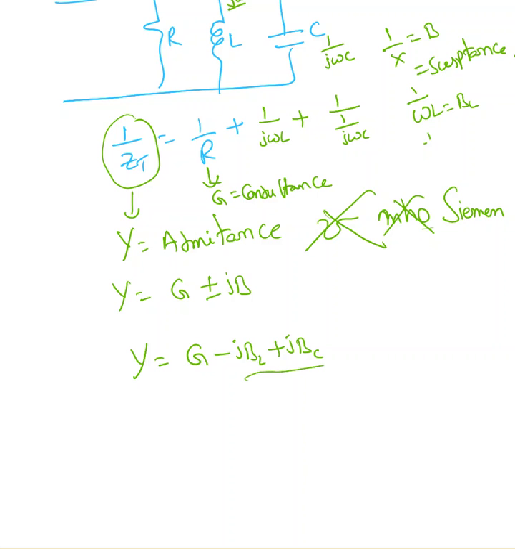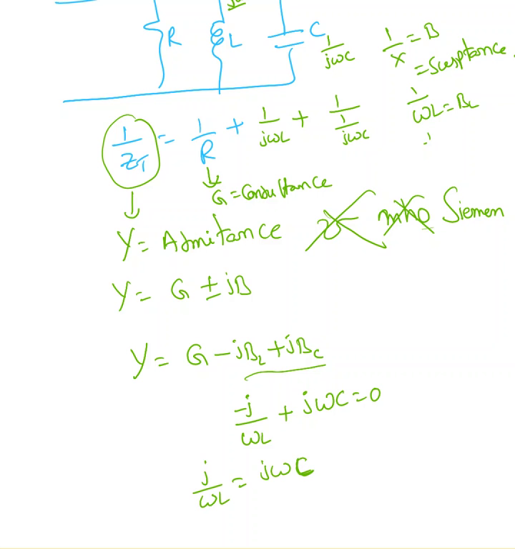Now I'm going to make this imaginary part equal to 0. So minus j over omega L plus j omega C equals 0. So if we make it equal, 1 over omega L equals omega C.